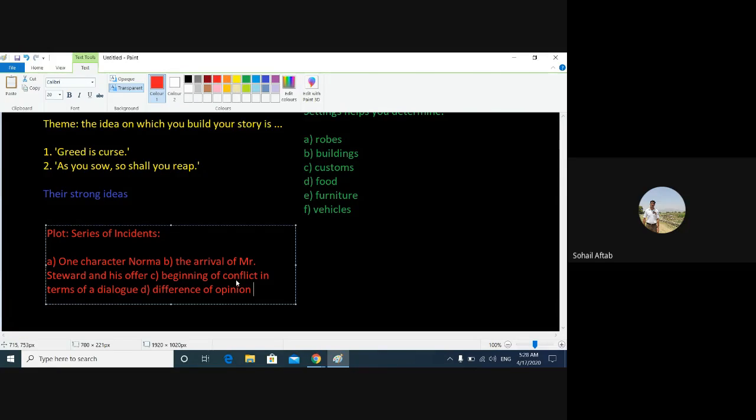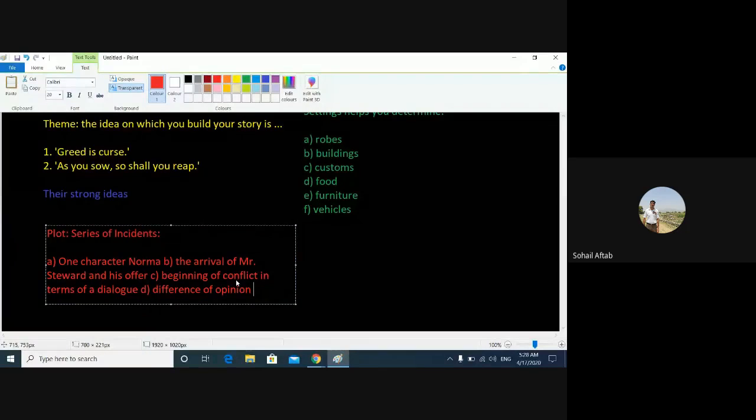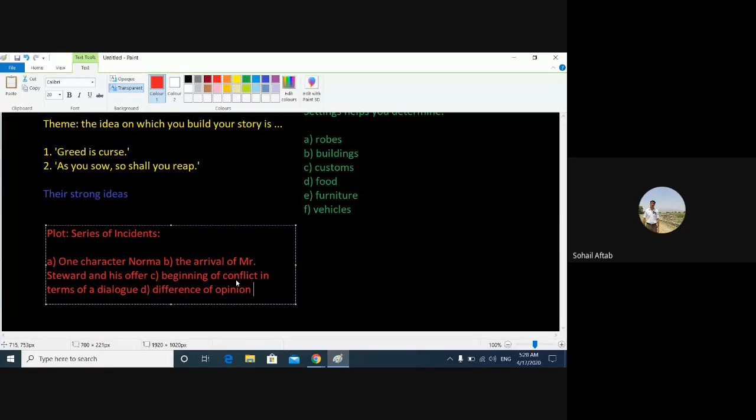It is a separate incident in discussion because in the beginning the discussion is neutral, then the opinion is divided between parties. One party is Norma, the other is Arthur Lewis. Arthur Lewis doesn't want to take this offer. Norma wants to take this offer, and therefore there is a difference of opinion. That is D part. Okay.